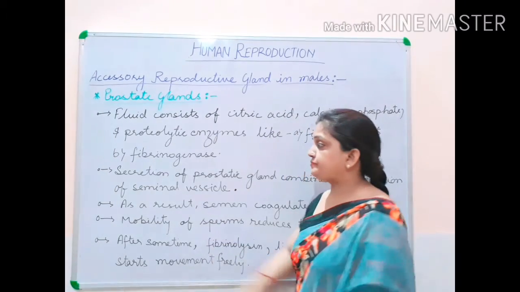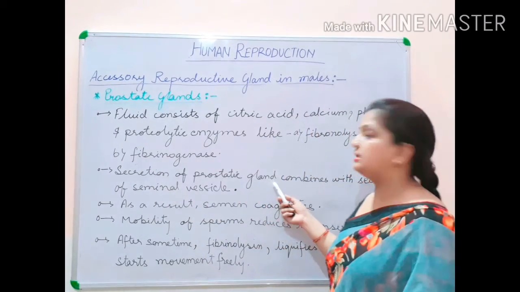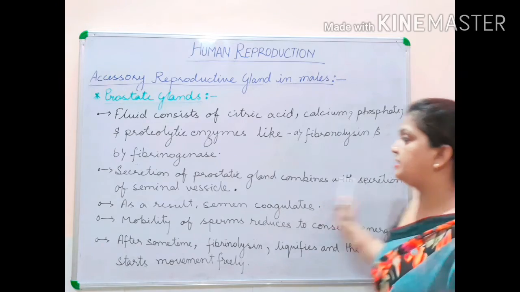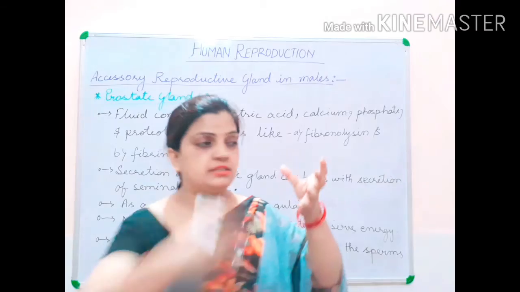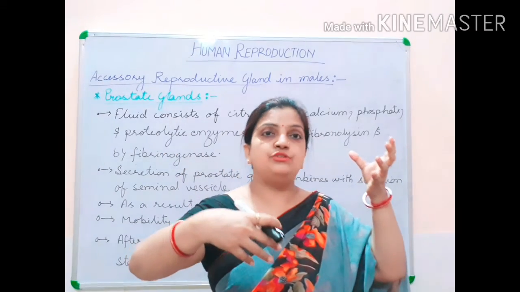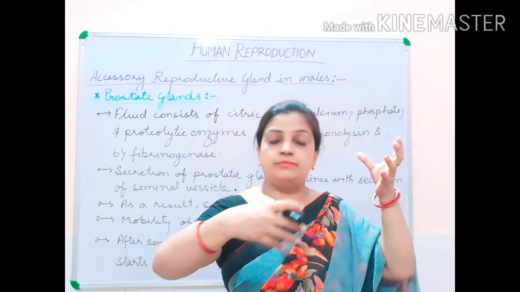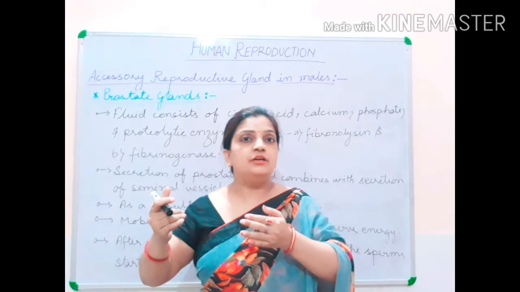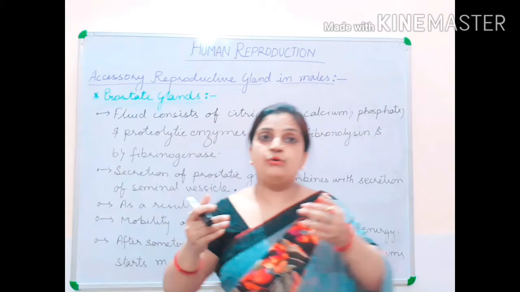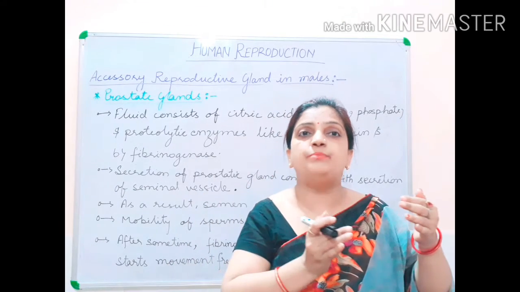Now, the secretion of the prostate gland combines with the secretion of the seminal vesicles. From the seminal vesicle, semen flows down through the ejaculatory duct and comes to the urogenital duct. But before that, it has to pass through the prostate gland.